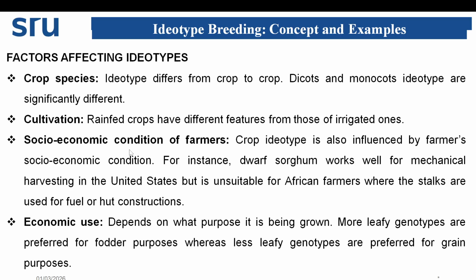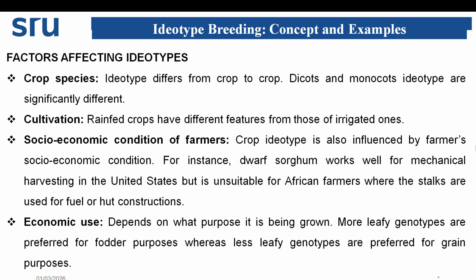The next most important factor is the socio-economic condition of farmers. So crop idiotype is also influenced by farmers' socio-economic condition. For instance, if we take one example, dwarf sorghum works well for mechanical harvesting in the United States.